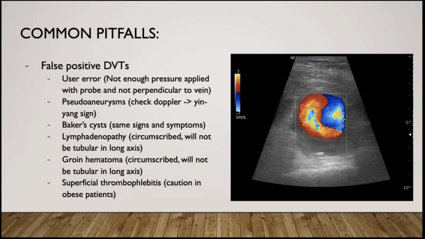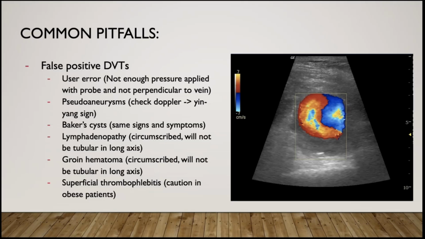The red is blood coming towards the probe and the blue is away from the probe. So that would be a sign, if you put on the Doppler, that it's not a clot, it's more likely a pseudoaneurysm.